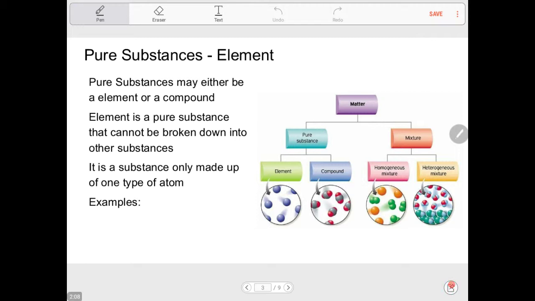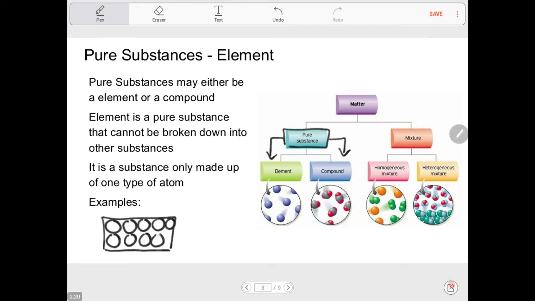Now, let's break this down a little bit further, because we're at a pure substance, but what makes you an element pure substance or a compound pure substance? For the element, I want you to think of the gold example. That's where you're looking at something, and every single atom is the exact same.